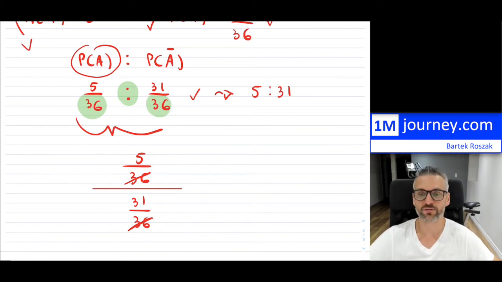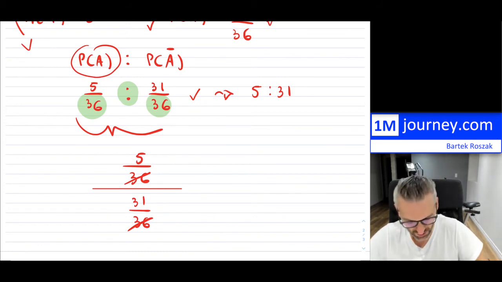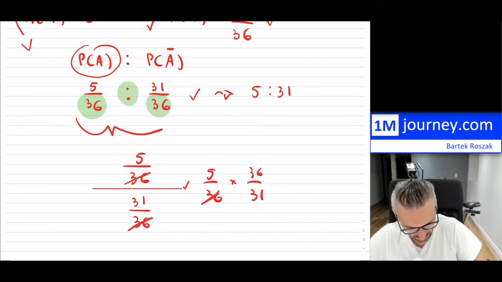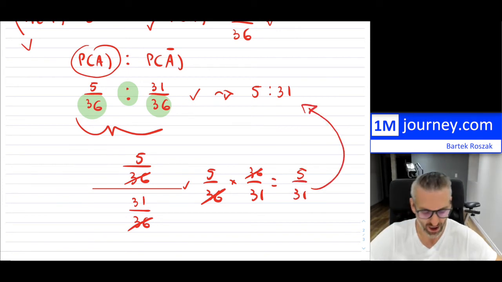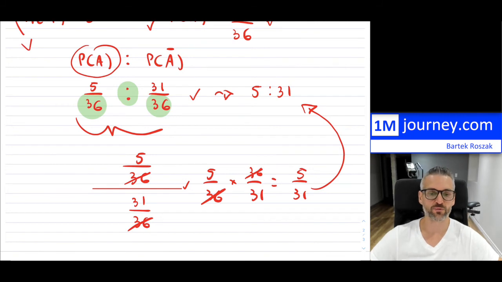Because if you simplify this, this is just going to be 5 over 36, and this is a division symbol. So that means I can do the reciprocal as so. And here is your 5 over 31, or written in terms of odds as a ratio, you can write it in that way, all right?